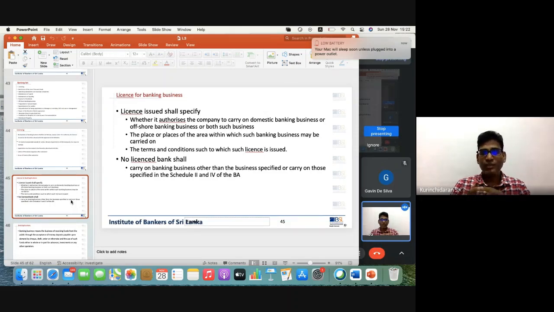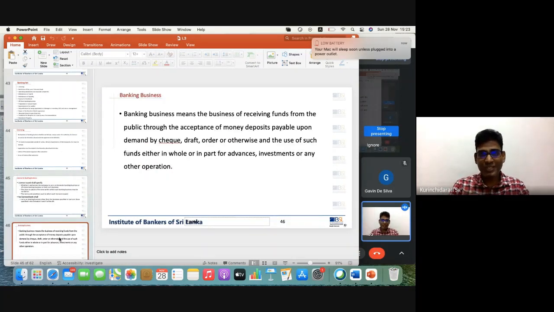And also this act says what is meant by banking business, right? The activities they cannot perform are also given in the Banking Act, right? So this is all about licensing.